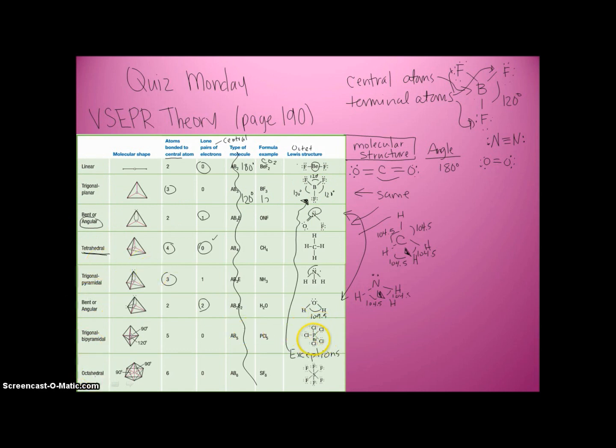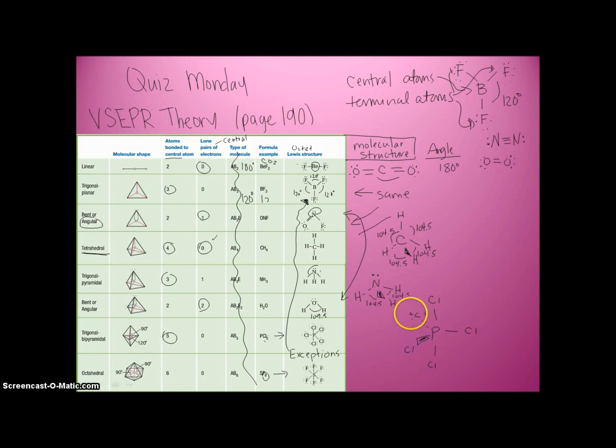Okay, so let me go ahead and draw these two out for you real quick. So phosphorus is our central atom here. There are 5 terminal atoms, so whenever you see a 5 here, you know it's going to be this shape. Whenever you see a 6, you know it's going to be the octahedral shape. And so what this is, it's 1 up, 1 down. So there's a chlorine up, there's a chlorine down, there's a chlorine out to the side, then there's 1 going back, and then there's 1 coming out front.